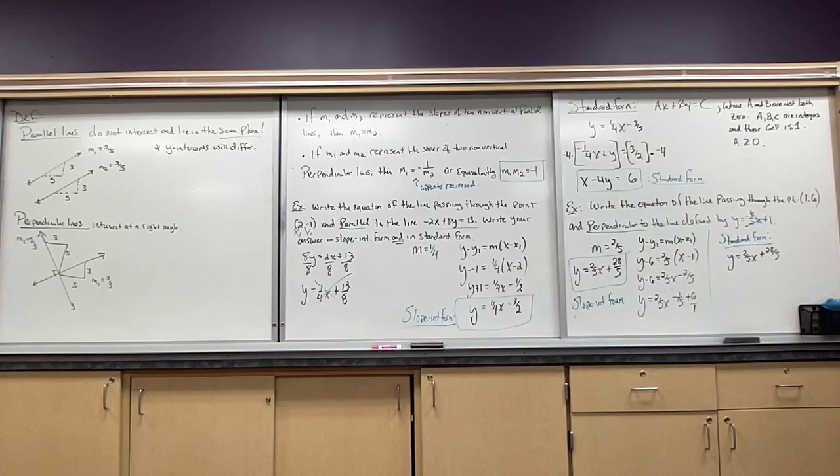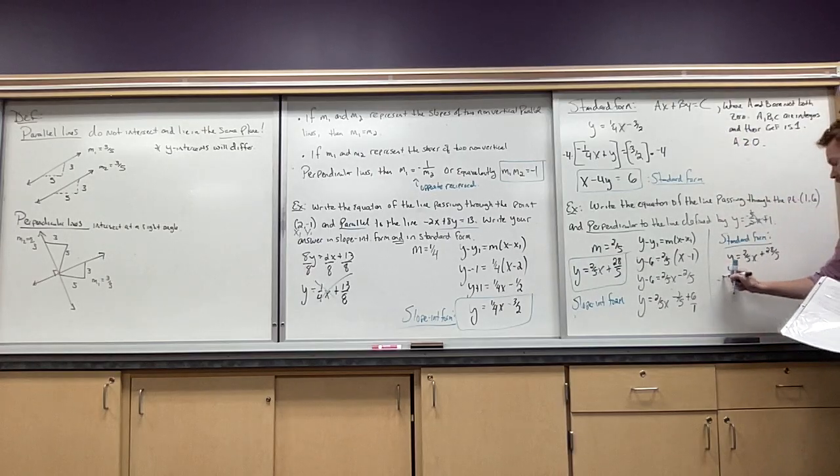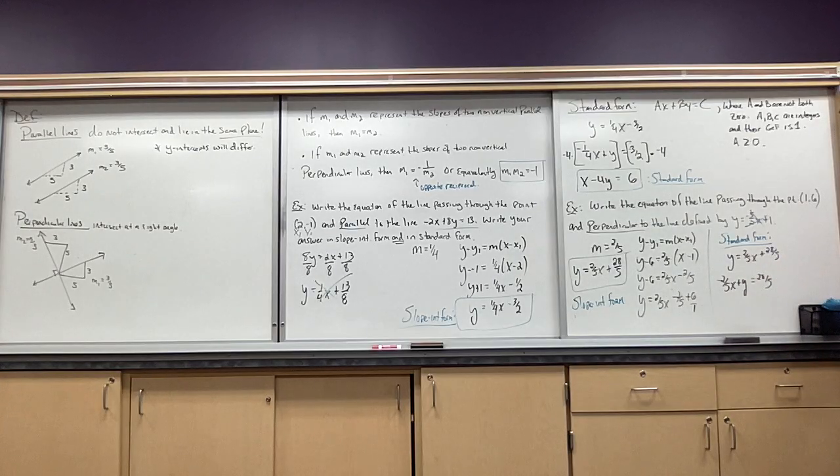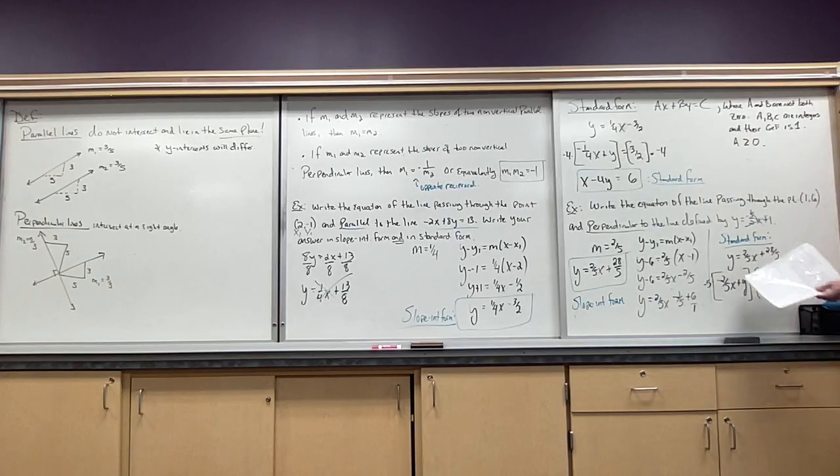It doesn't matter the order that you do these things in. I just try to do it in the order that I'm seeing it. So I want to get the x and y to one side. Negative 2/5 x plus y equals 28/5. And then if I multiply by 5, I can get rid of the fractions. I'm also going to multiply by a negative 5, because then that makes my x value positive, which is what we want.